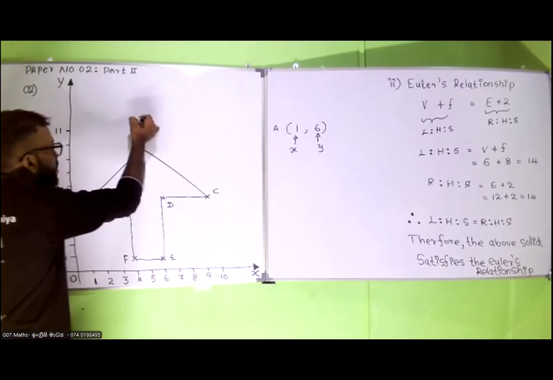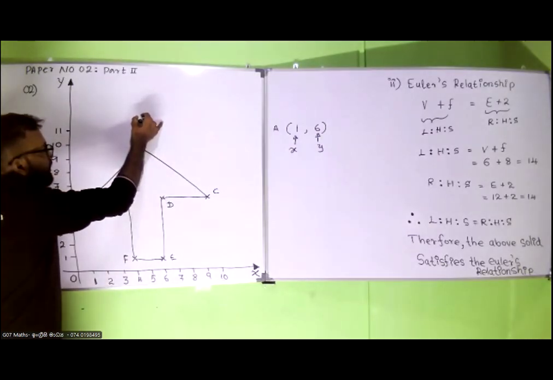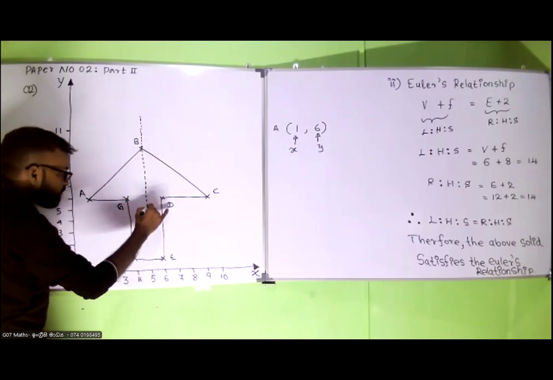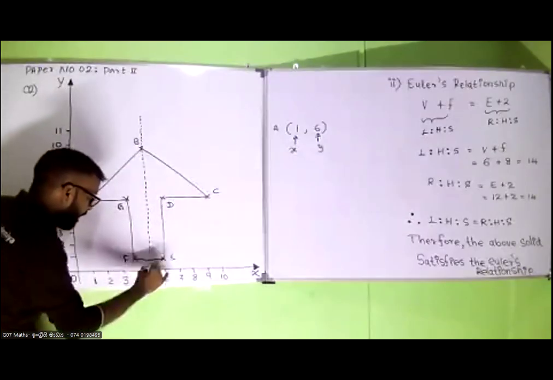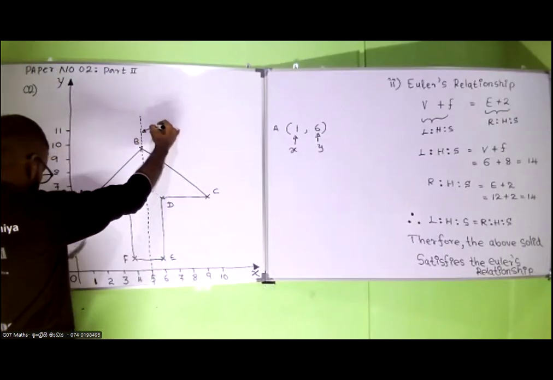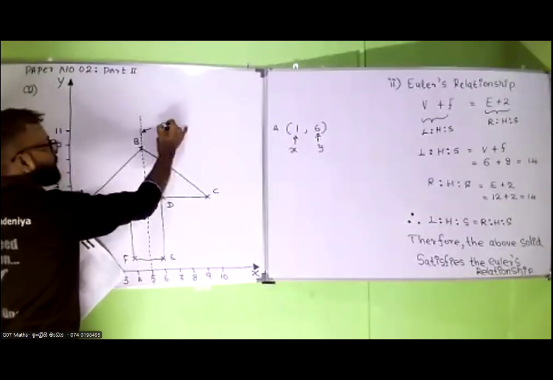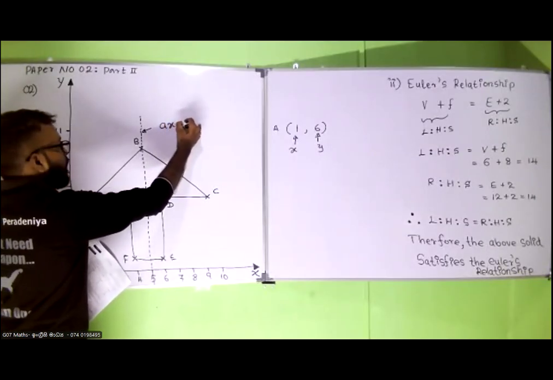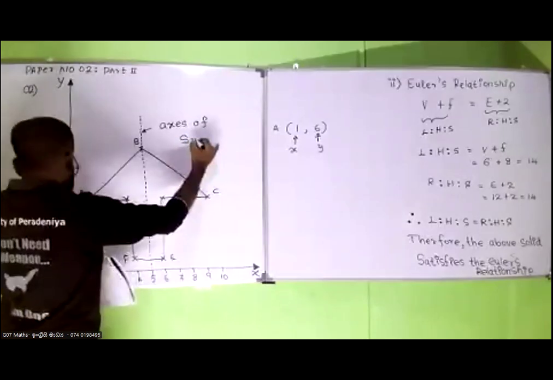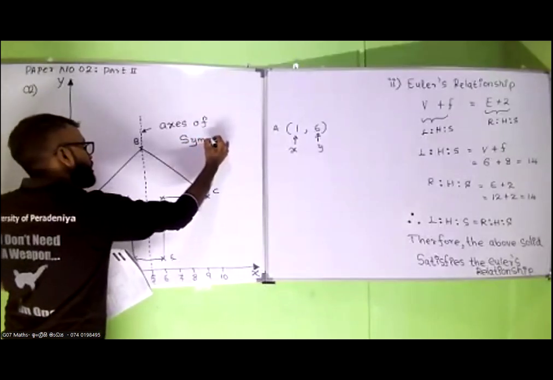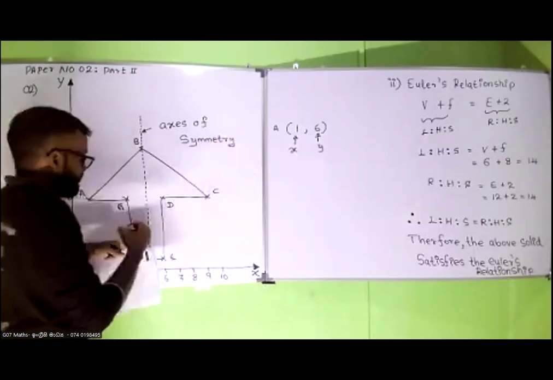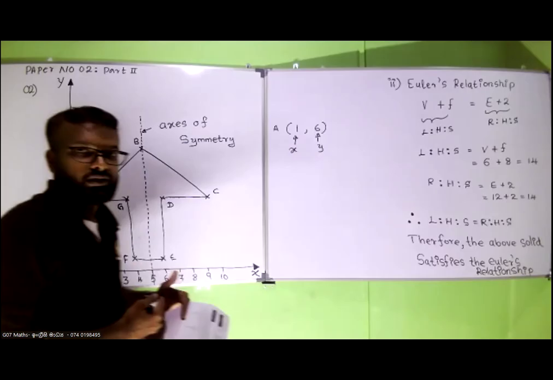Take your ruler and place it on top of B, and it goes exactly through the number 5. So this is your axis of symmetry.